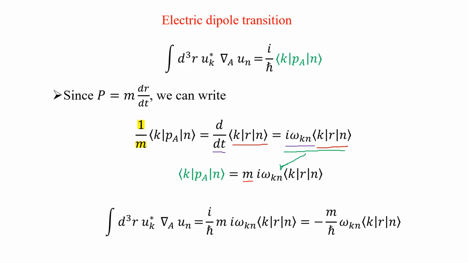If you substitute this bra k p_A ket n, shown in the green color part, you get in addition to 1 over i h cross, m i omega_kn bra k r ket n. i into i gives i squared, which is equal to minus 1. So this becomes minus m over h cross, omega_kn bra k r ket n. We will see what happens to this expression.